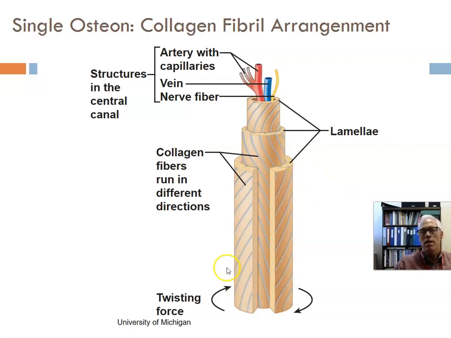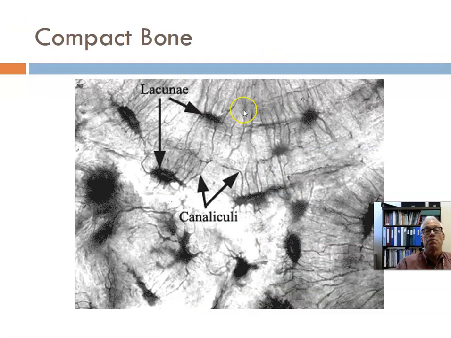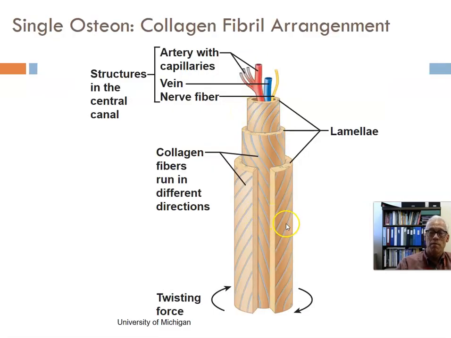So we can see that the heavy-duty collagen fibers here are arranged in a spiral fashion in each one of the lamella, and then each lamella has a perpendicular or opposite direction spiral of the fibers, so that when you then immerse this thing in a rigid cement-like mineral, it makes for an incredibly strong overall structure. You can see the blood vessels and nerves in the central canal there. So the collagen fibers are referred to as the organic component of the bone, and the hydroxyapatite is the inorganic component.